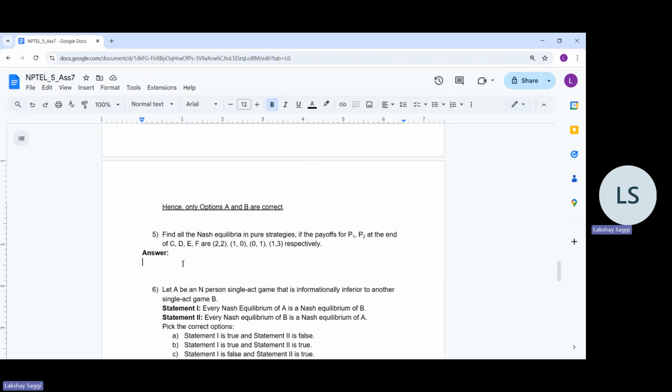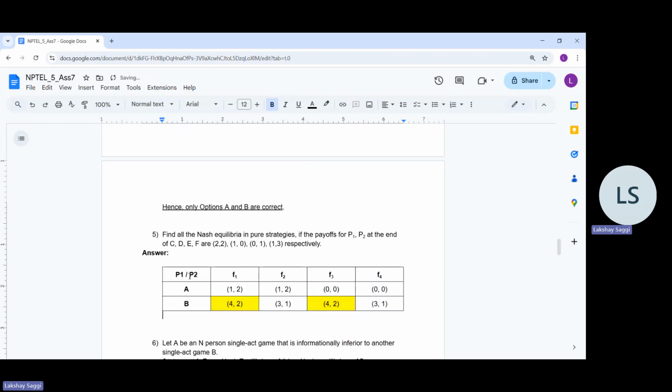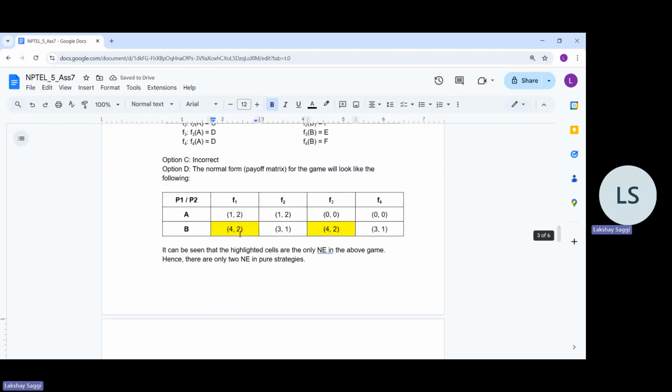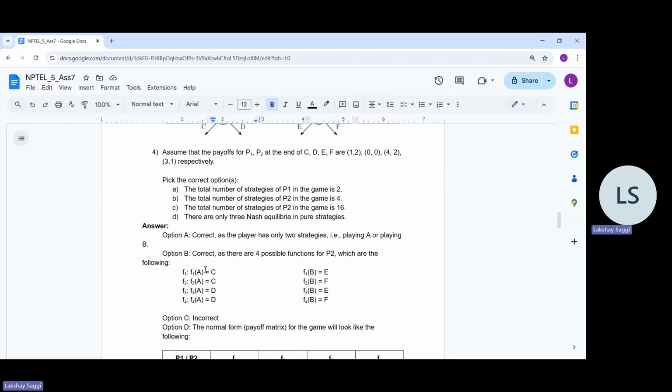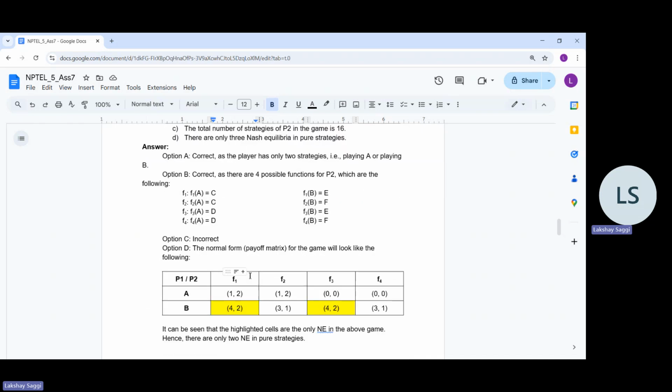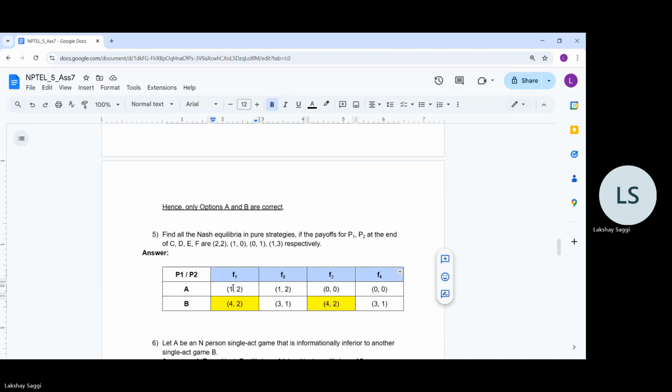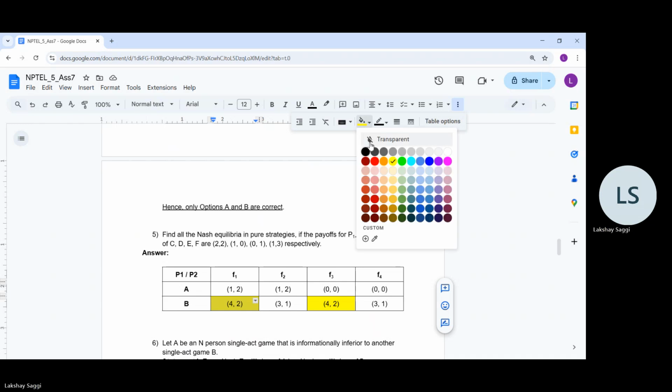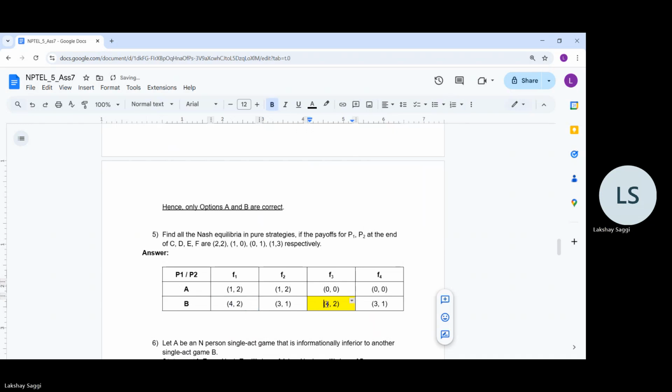So maybe I'll just copy the previous game and keep the functions for player 2, since the extensive form was the same. So I can consider these four functions as the functions for player 2, and there are only two possible strategies for player 1, which are A and B. And we'll have to rewrite these payoffs.